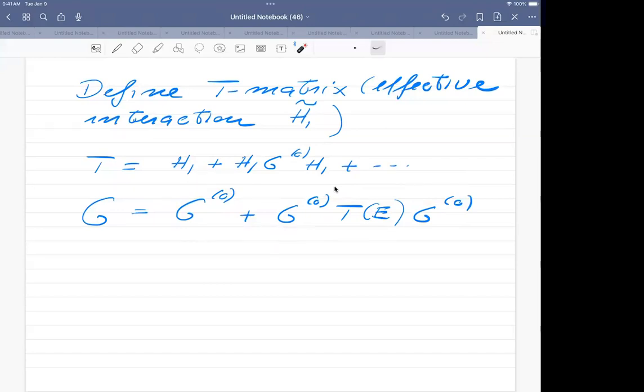We can also rewrite this equation here. If you now look at this T matrix, this is just a rewrite again.